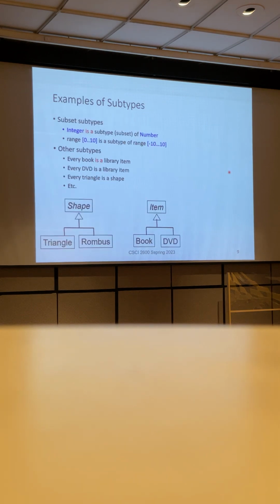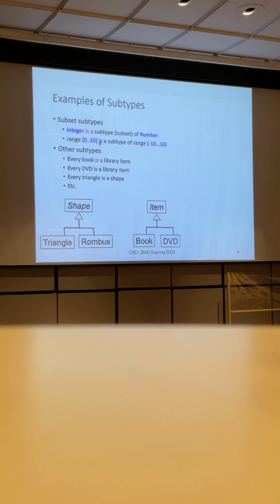All right, so now let's talk more about this true subtyping that we briefly mentioned earlier when we said that Java subtypes are not true subtypes. Okay, so what is a subtype to begin with? Well, a subtype is a subset. So, for example, integer is a subset of number.